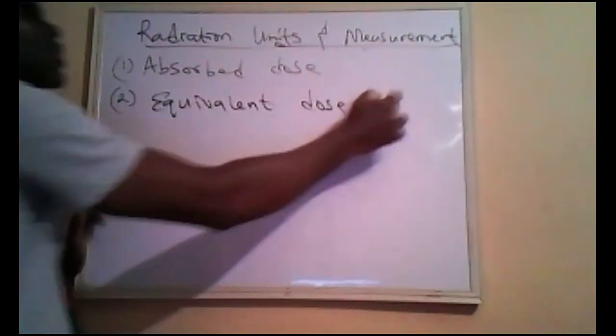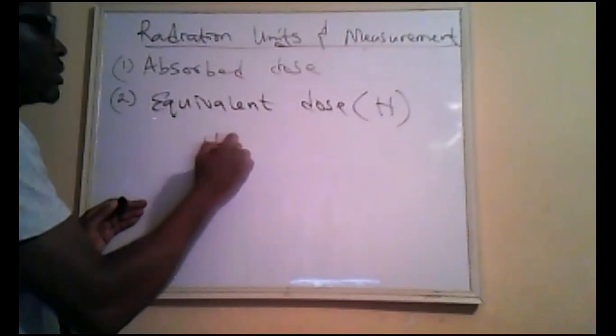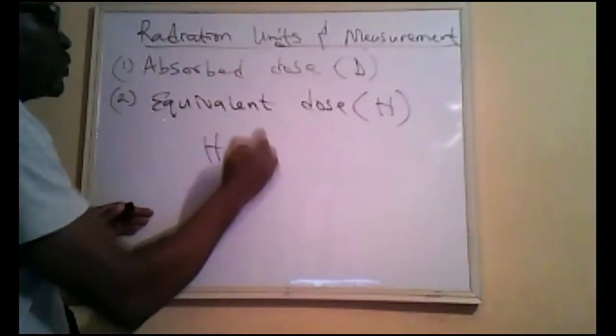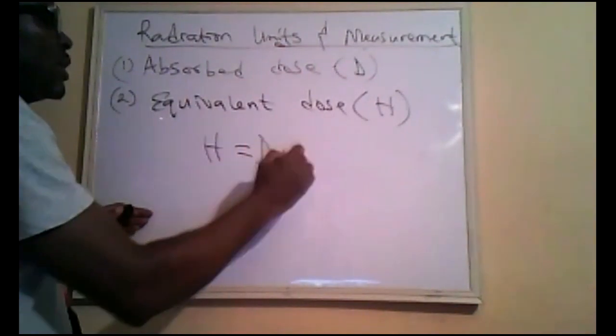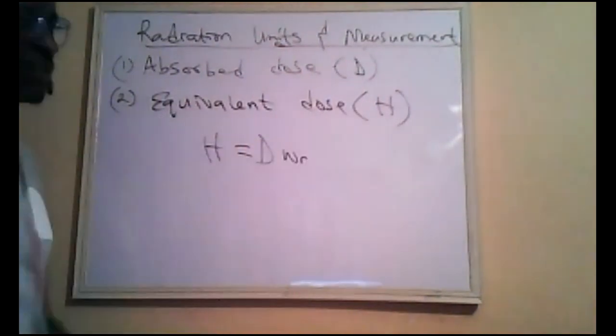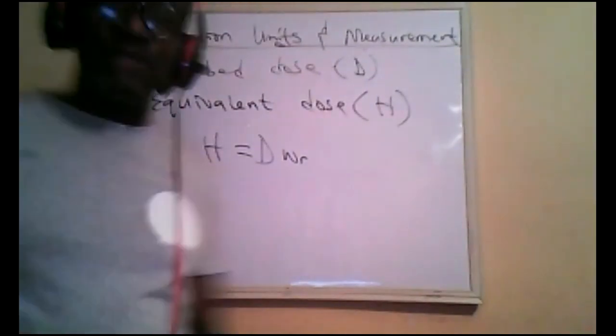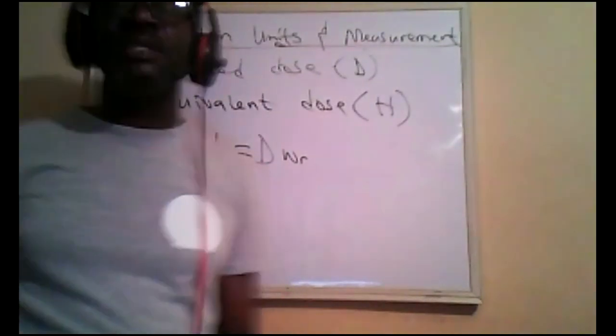Equivalent dose, usually denoted by H, is simply absorbed dose multiplied by a particular weighting factor, a particular constant, which we call the radiation weighting factor. Because different radiations have different damaging effects.